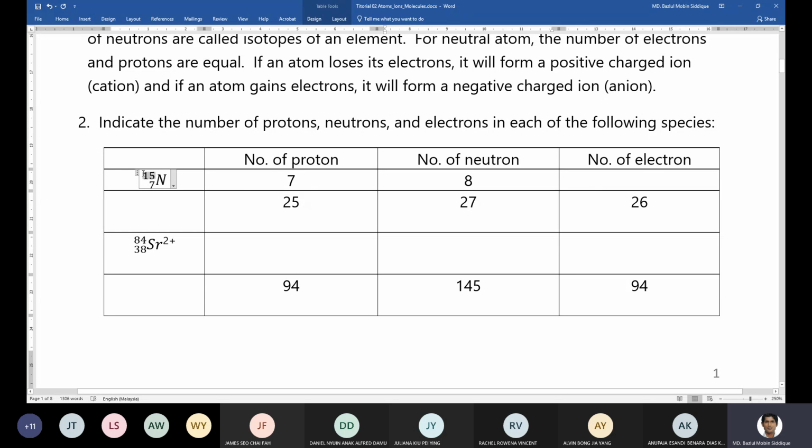The total mass number is 15, so we have to make it 7 plus 8, 15.